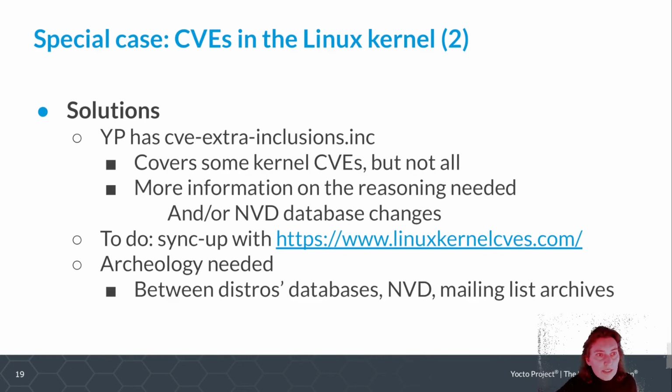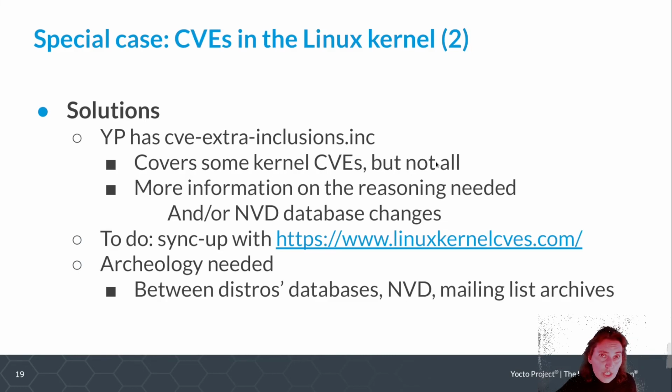As a solution for this, Yocto Project has the CVE extra exclusions that cover some CVEs, but it just excludes them from the list to check. It requires more information about the reasons why some CVEs have been removed from the list and others not. And it requires the NVD database changes to be active. What will be interesting is a synchronization with the Linux kernel CVEs website that provides a different set of data.